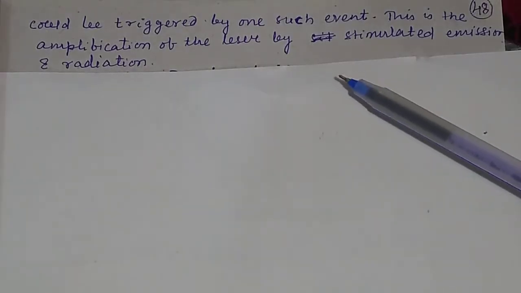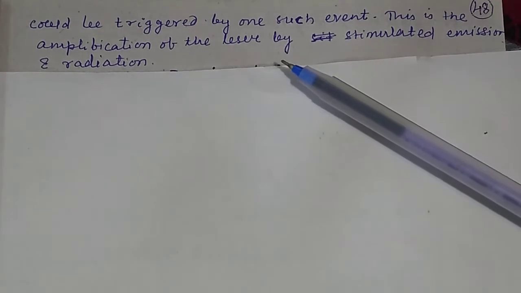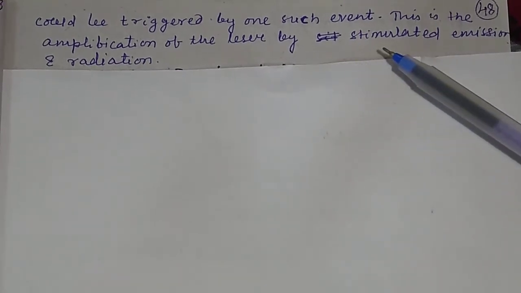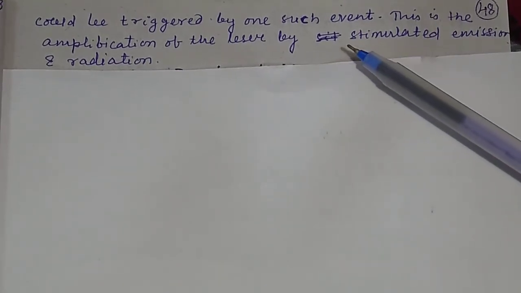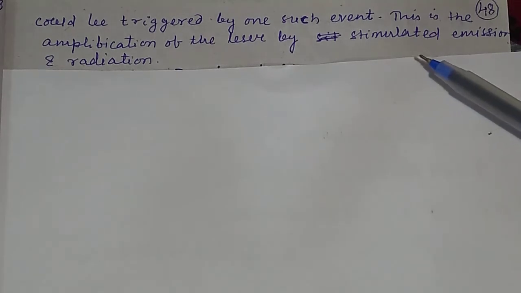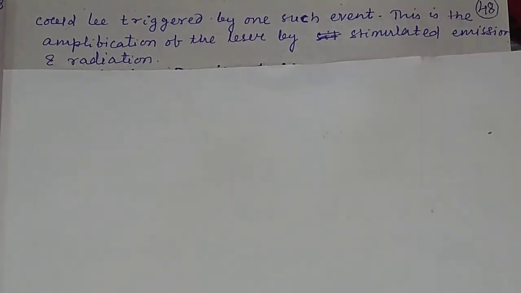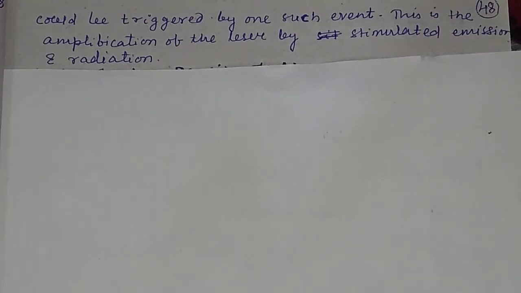So a chain reaction of similar processes could be triggered by one such event. This is the amplification of the laser by stimulated emission and radiation. So when a question comes, how is amplification of laser done by stimulated emission and radiation, you should write that it is the stimulated emission process by the incident photon.